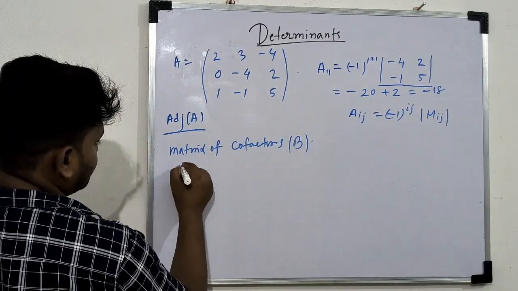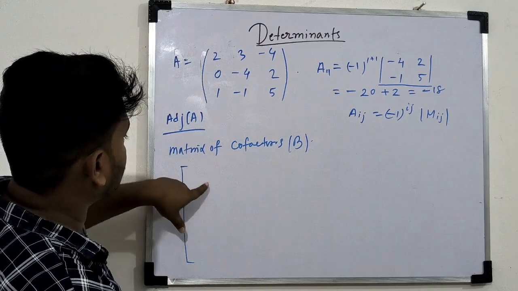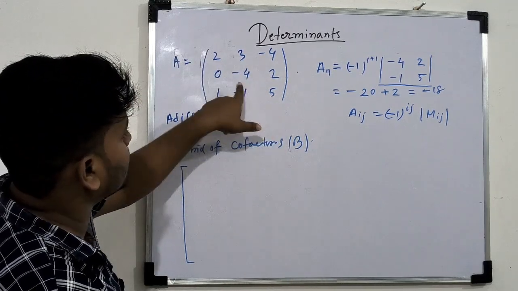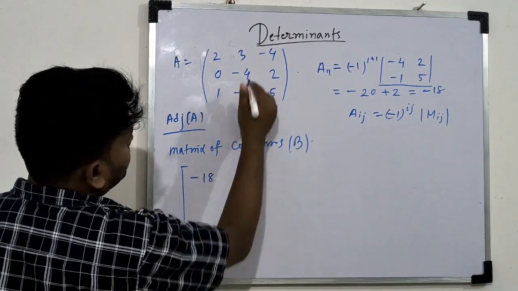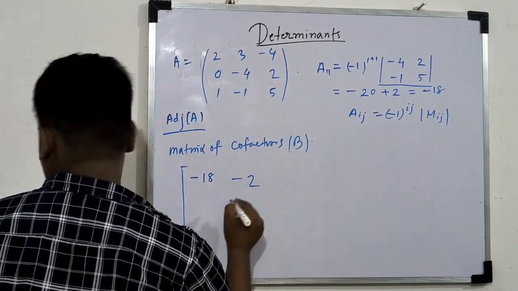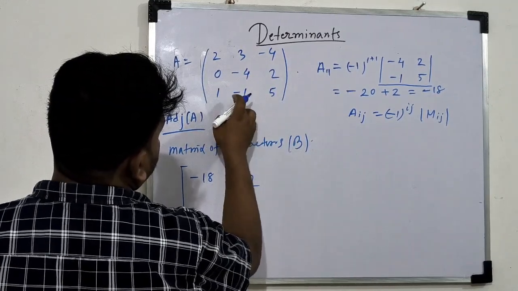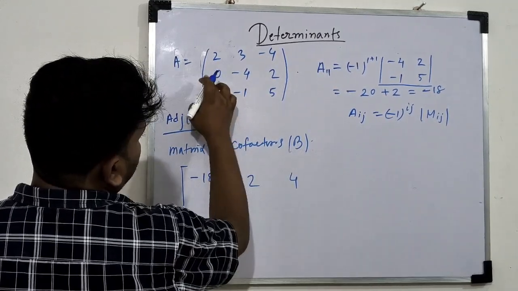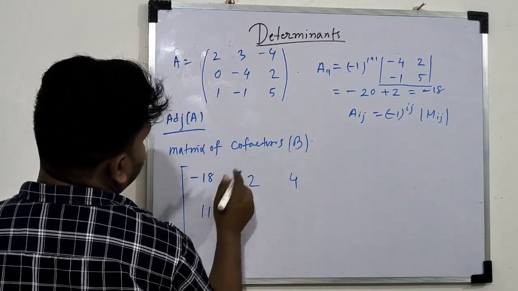We find this matrix again. Corresponding to this, minus 20 plus 2, minus 18. Corresponding to this, 0 minus 2. This, 0 minus the plus 4. And corresponding to this, 15 minus 4, 11.